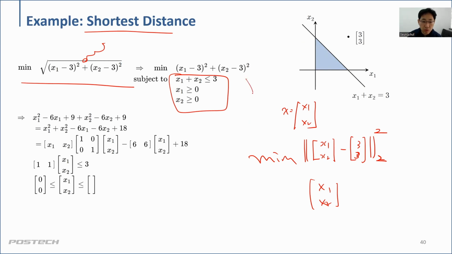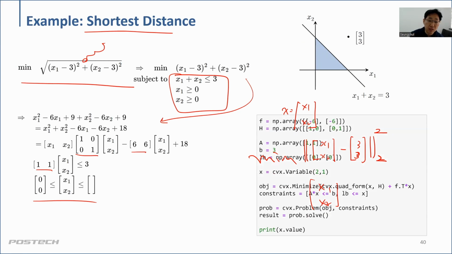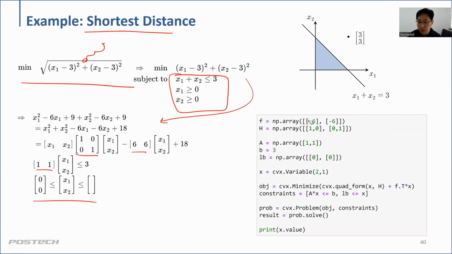And we can convert it to these problems, identify which one is H and F and so on, repeat the same things and go back to use CVXPY and find the solutions. Let me ask, what will be the optimal solution in this problem?